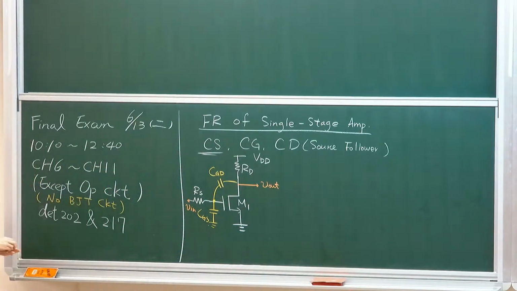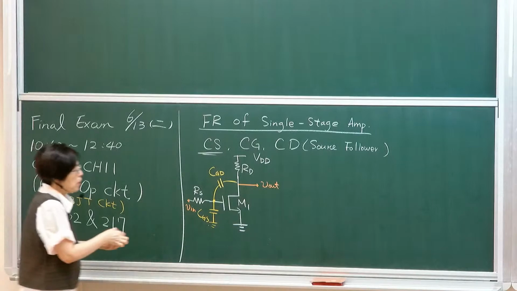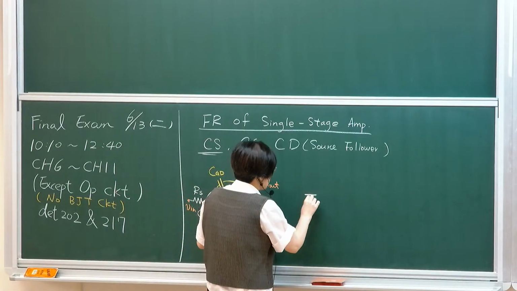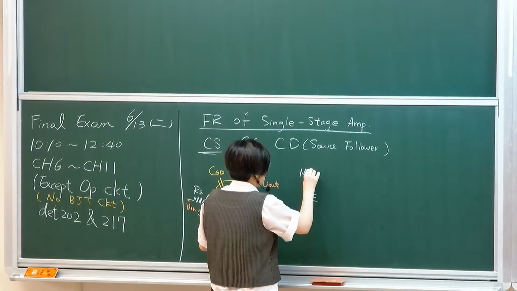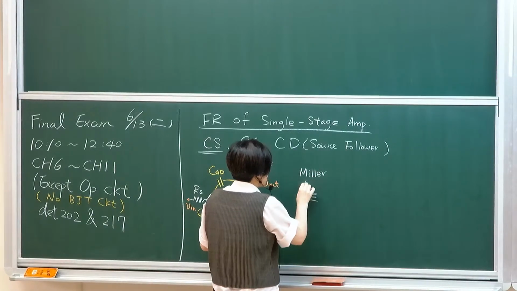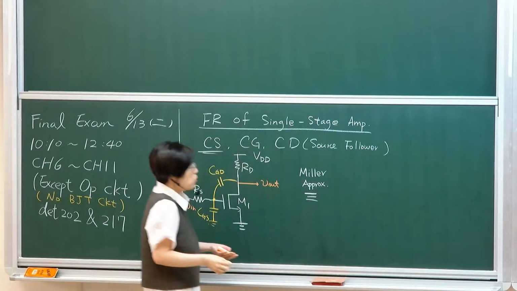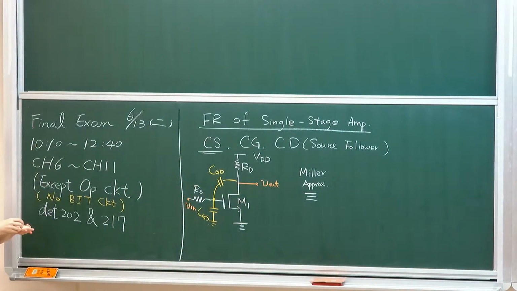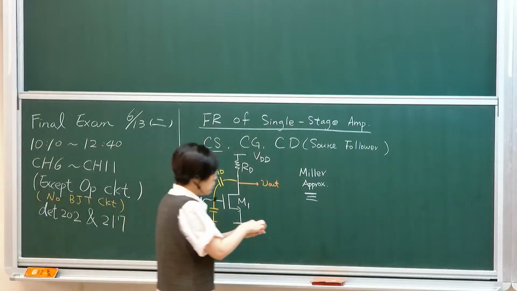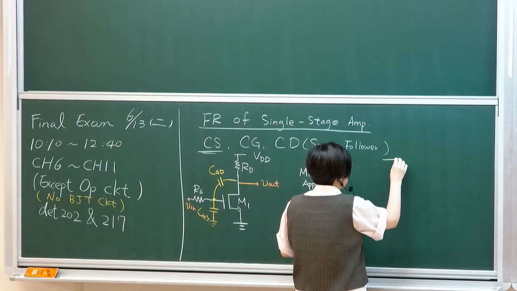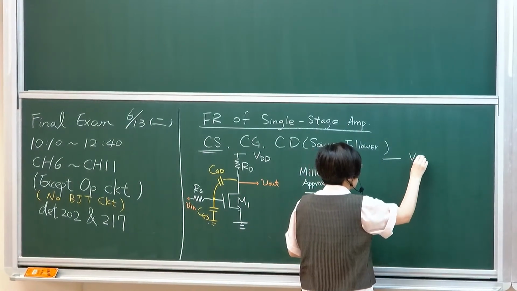The way to analyze this is through the Miller approximation. Once again, this approximation is just to simplify our analysis. So your circuit can be made equivalent to this.